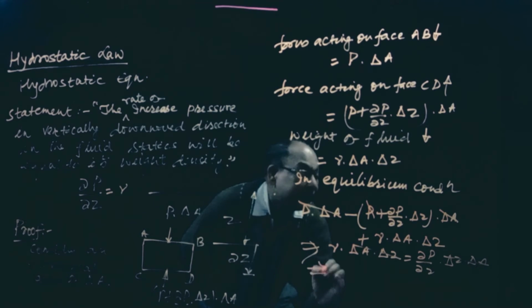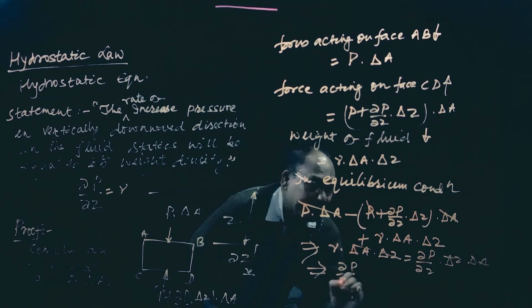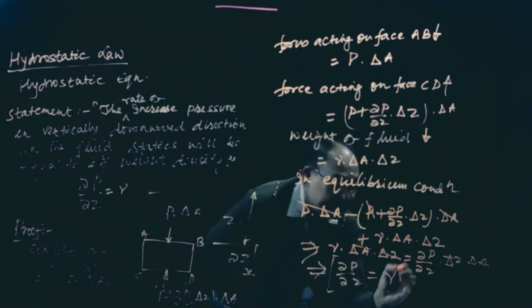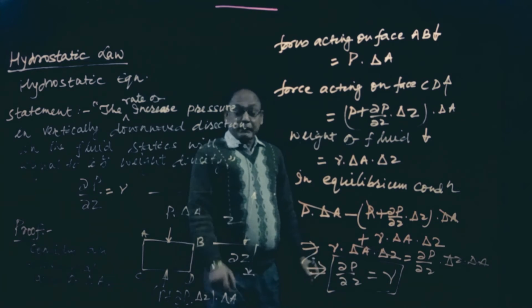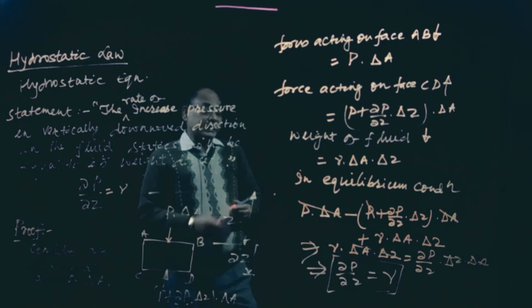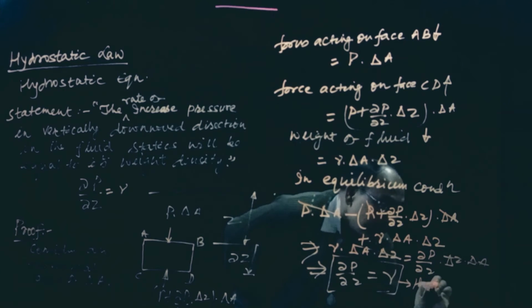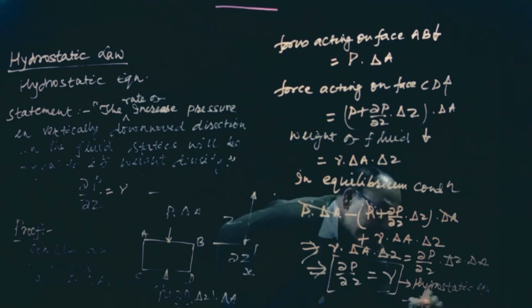Lastly, we get dP by dZ, which is nothing but the weight density. That was the statement of the hydrostatic law, and this is called the hydrostatic equation. This proves the hydrostatic law.